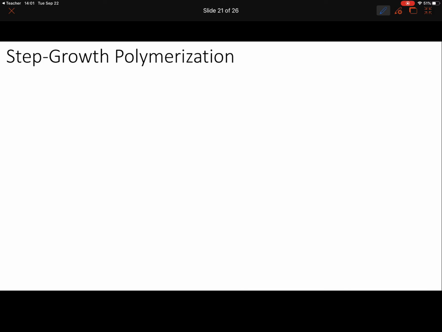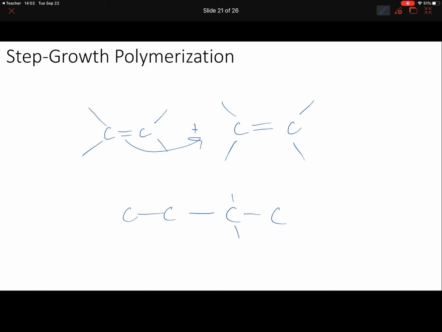We looked at polymers already with alkenes. Remember, if you have a C double bond, it doesn't matter what we've got on here, the double bonds can just kind of move in between atoms, right? So we get a new bond between these guys.